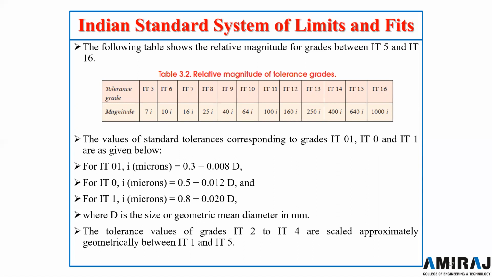Now you can remember that basically for IT01 it is 0.3 plus 0.008 D, then 0.5 means a 0.2 increment, then a 0.4 increment on the other hand, and again a 0.3 increment for the third one and a 0.8 increment over here.